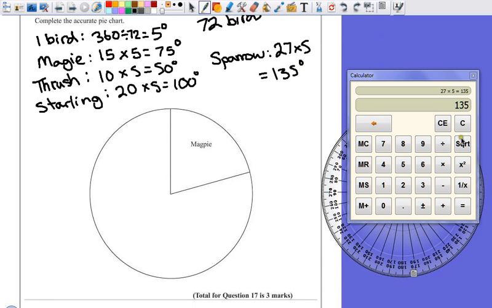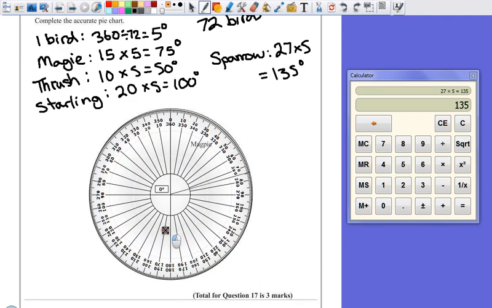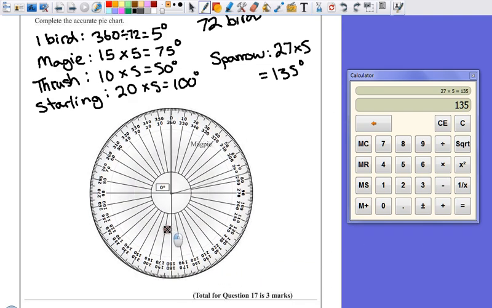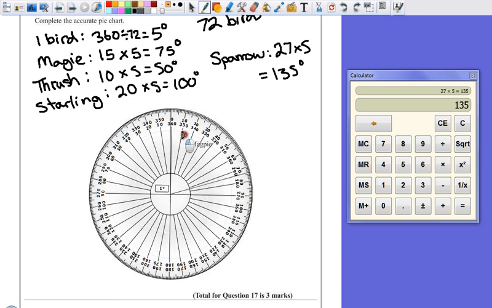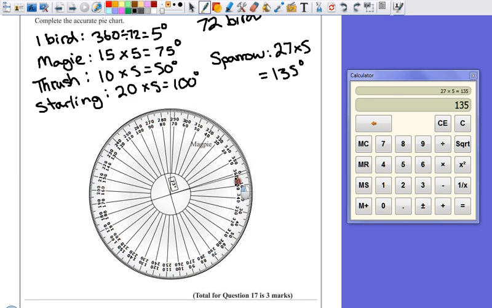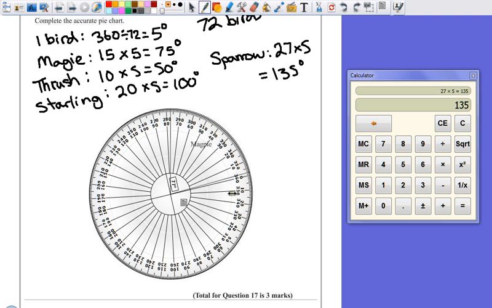It's a 3-mark question, so all we've got to do now is draw on and label each part of our pie chart. So if we bring this protractor back on, line up the cross in the middle. I've got magpie at 75 degrees, so to measure thrush, I don't measure from 0 at the top there. Go to the end of your last piece of data, put 0 on the last line.